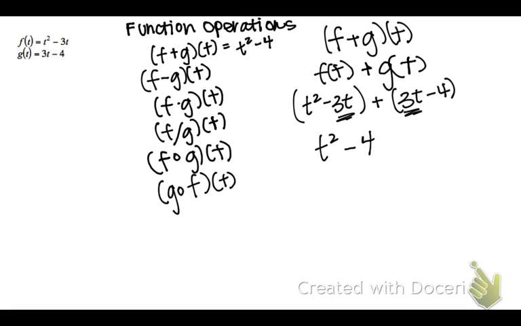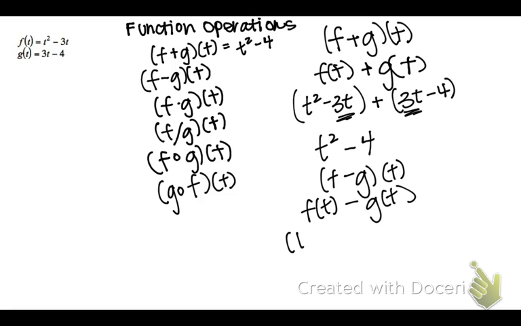If we're subtracting them, so if we have f minus g of t, that's the same as f of t minus g of t, which is t squared minus 3t minus 3t minus 4. So we're going to start by, whenever there is this subtraction sign there, you always have to distribute it.